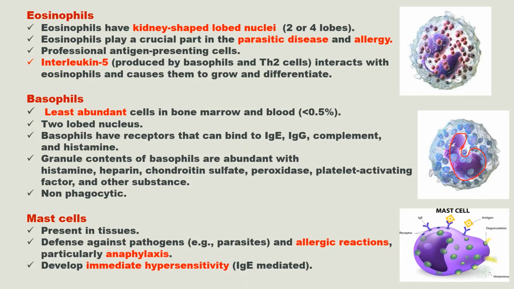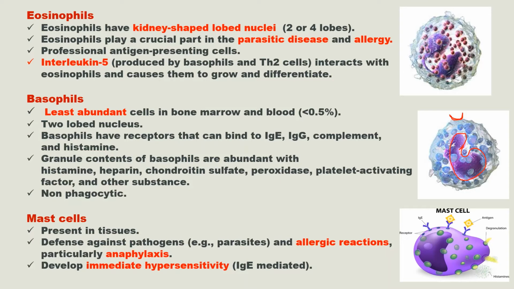Basophils have receptors that can bind to IgG, IgE, complement and histamine. So on the surface of this basophil, some receptors are present that are able to bind with immunoglobulin G, immunoglobulin E, complement protein and histamine.